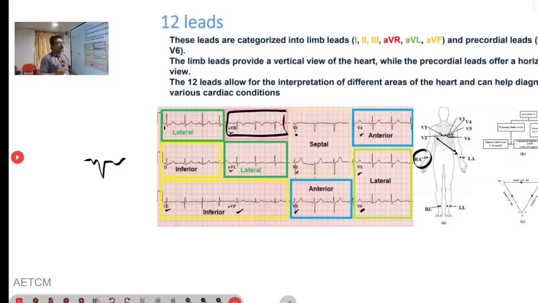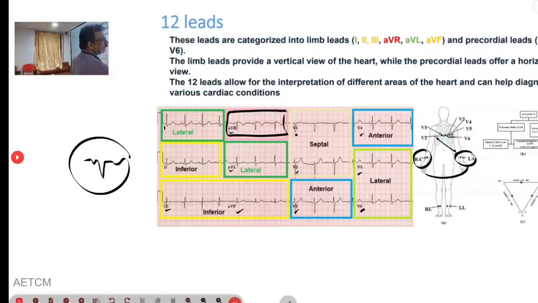So the current goes away from the vector. That's why all the complexes in AVR have to be negative. If they are positive, then you have to think that these limb leads are interchanged. Otherwise, AVR has to be negative.